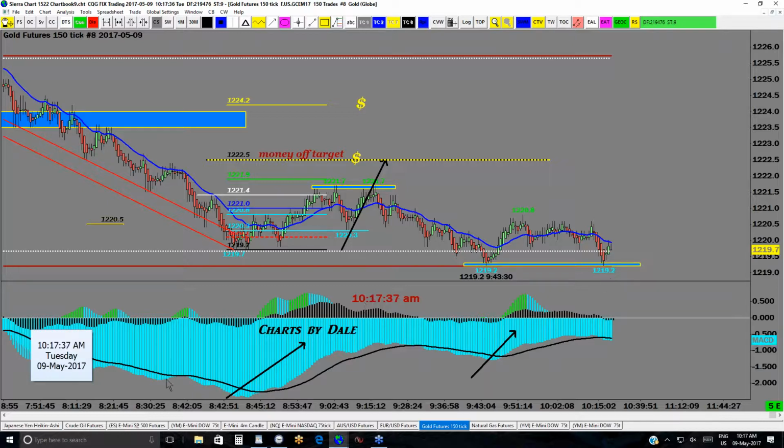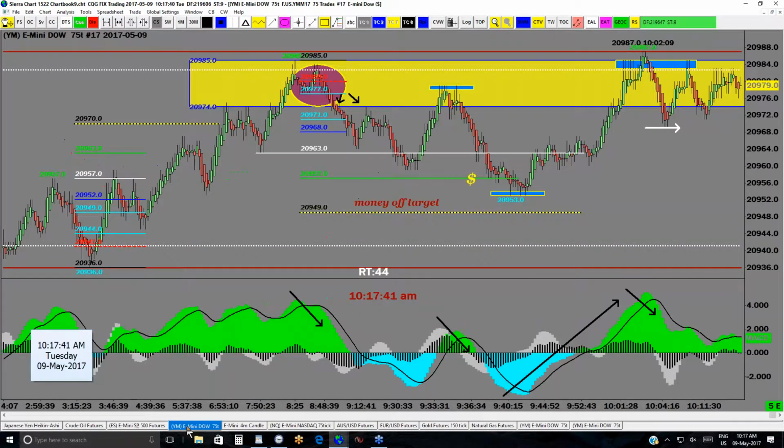Let's go back to your YM, what YM was doing here. So YM made a terrific rally to the upside and put in a little bit of a higher high from our 985. It came into your 987, but found a resistance area there.